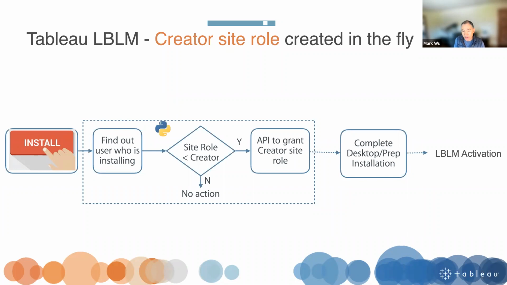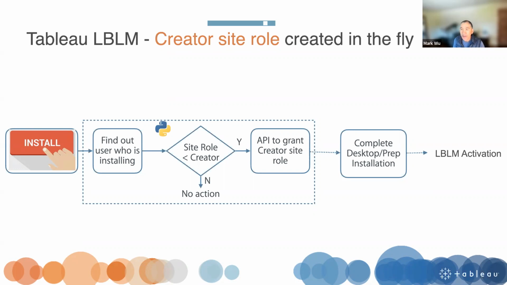If already Creator, no action. If not Creator yet, the REST API will grant the Creator site role for this user. And then this user will complete the rest of the installation, even without knowing what happened behind the scenes.